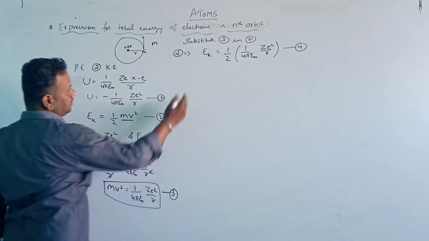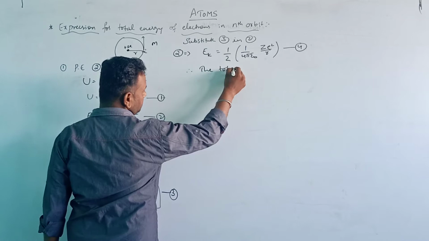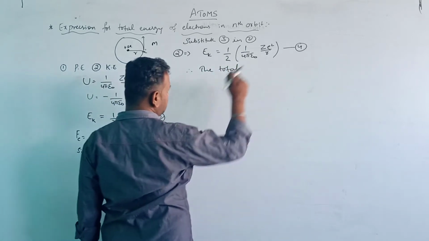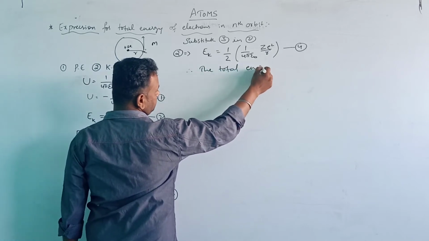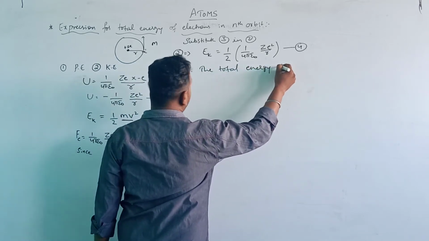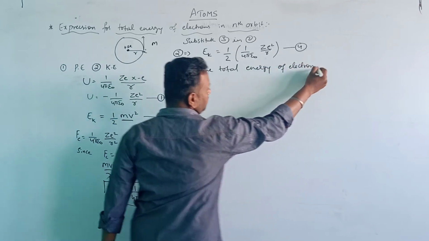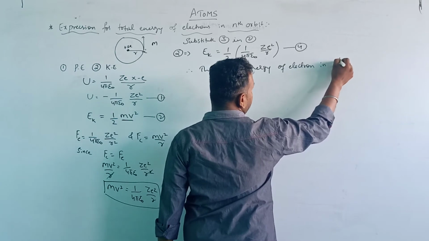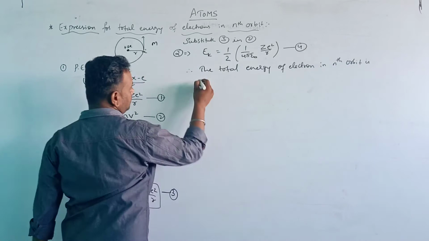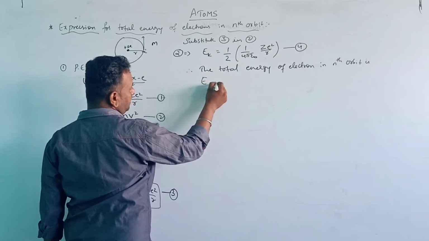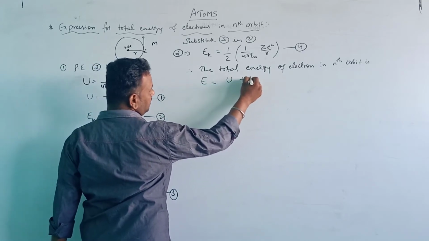So therefore the total energy of electron in nth orbit, where capital E indicates the total energy, is the sum of the potential energy and the kinetic energy.